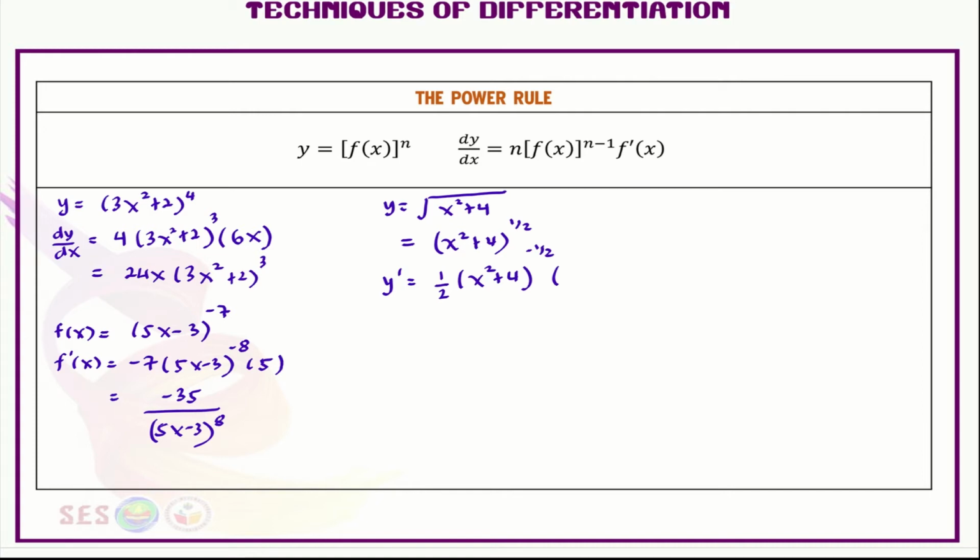Differentiating x squared plus 4 gives us 2x. Then we simplify a little bit. This 2 and 2 can be cancelled out, which leaves us with x only, over (x squared plus 4) to the power of 1 over 2. Or we can write the final answer as x over the square root of x squared plus 4.